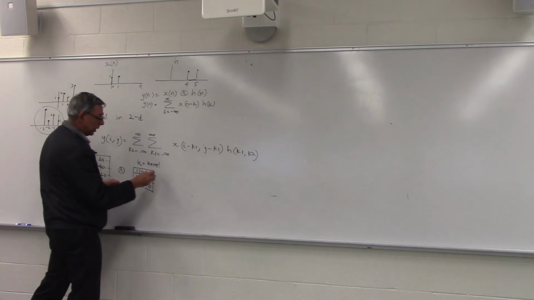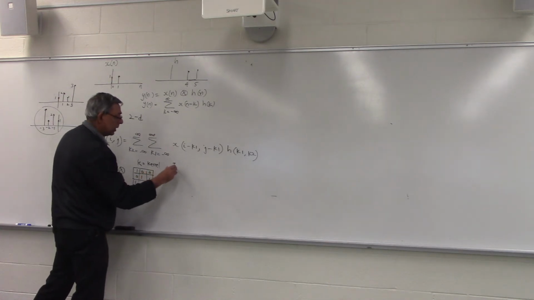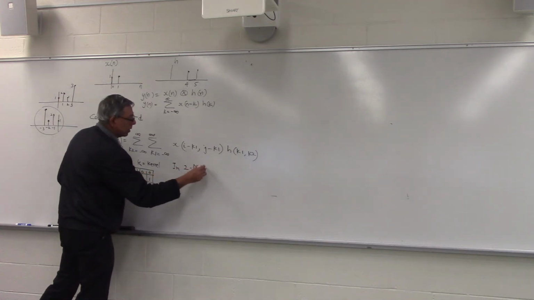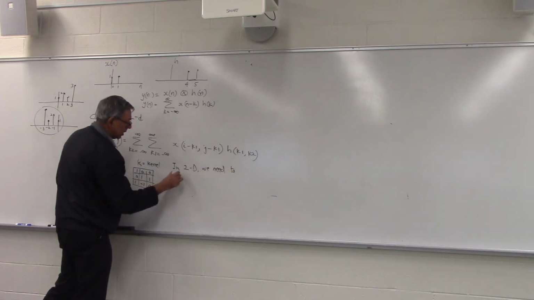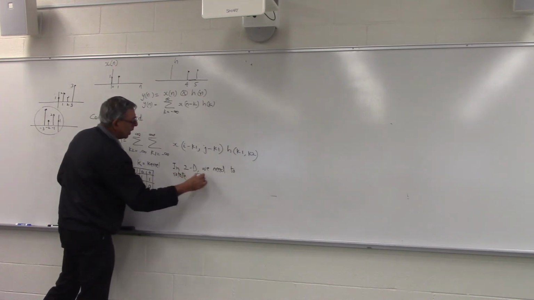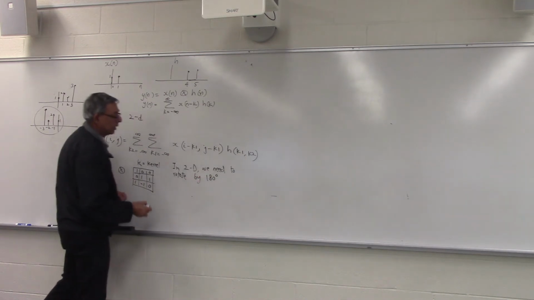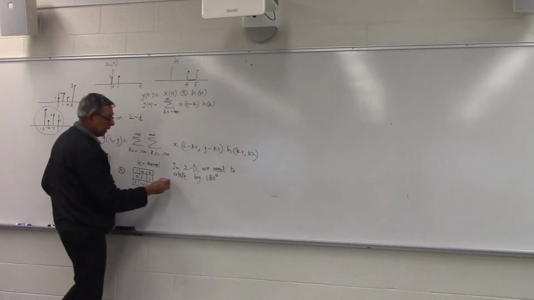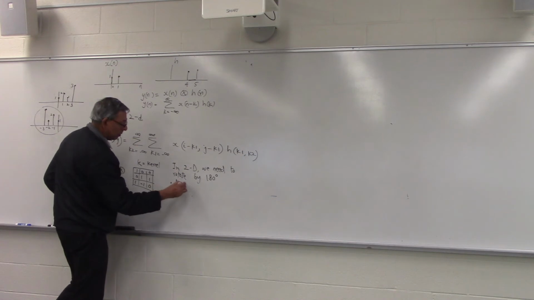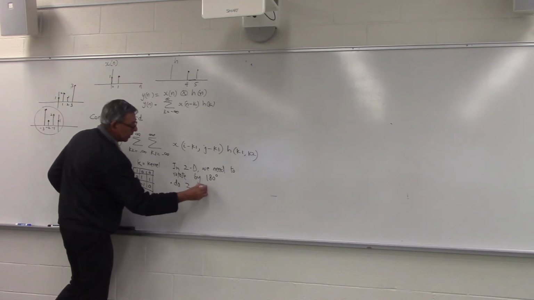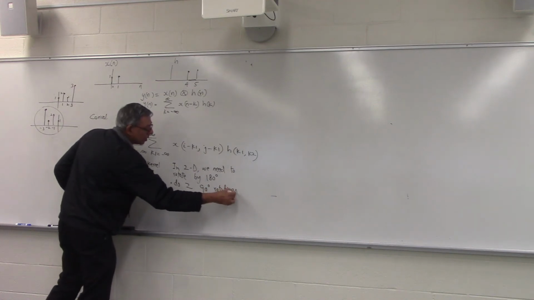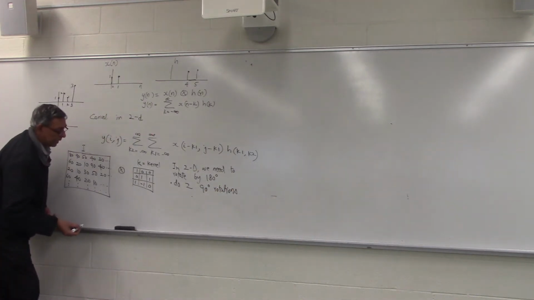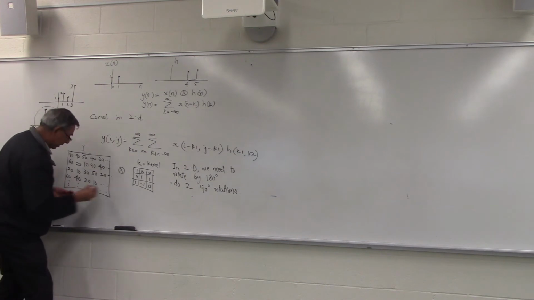So basically what we do in 2D is we need to rotate by 180 degrees. Okay, easy way to accomplish this is to do 2 90-degree rotations.